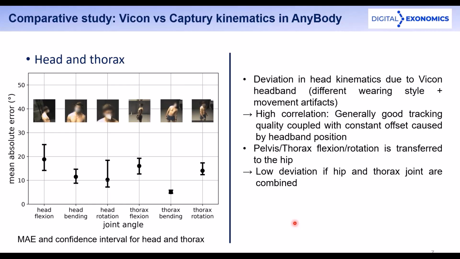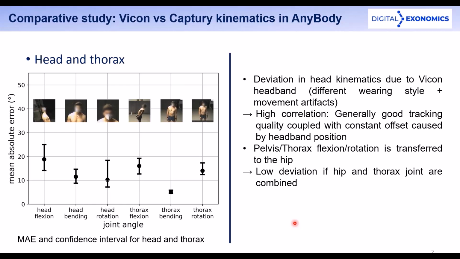With marker-based motion capture, you have this headband with 4 markers placed on it, and the subject wears the headband, and this way you can track motion of the head. If you put on this headband in a slightly rotated or skewed way, then of course you introduce a constant offset between the actual head position and the headband position. This is what we see here, where we have some residual error, but at the same time very high correlations.